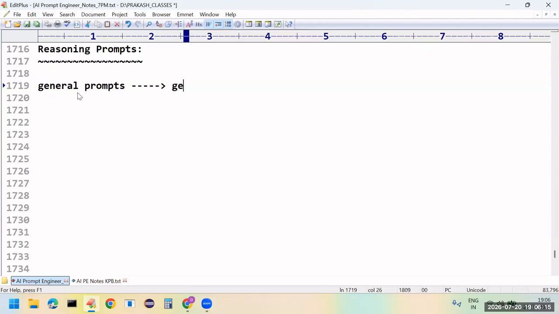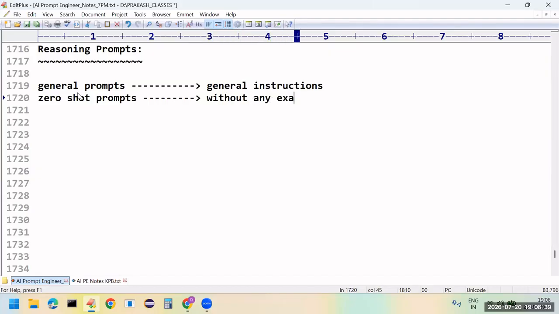So here we will write general instructions. Next, we covered zero shot prompts also. What is meant by zero shot prompts? In zero shot prompts, we directly ask the AI model to give the information without any example.